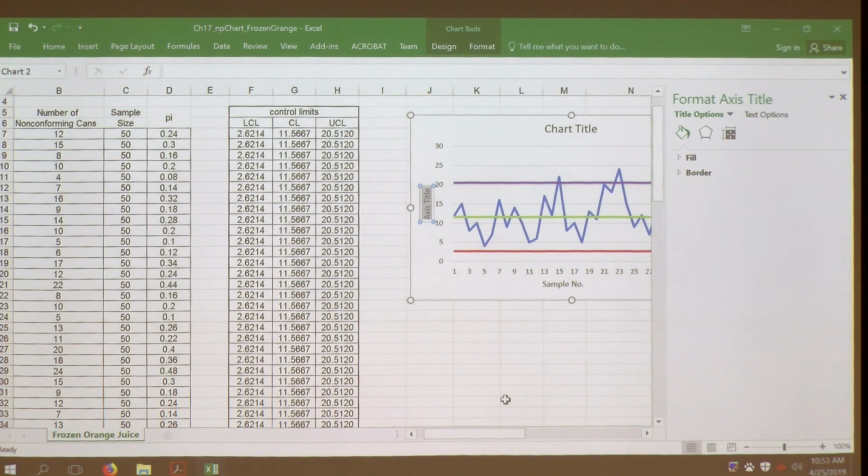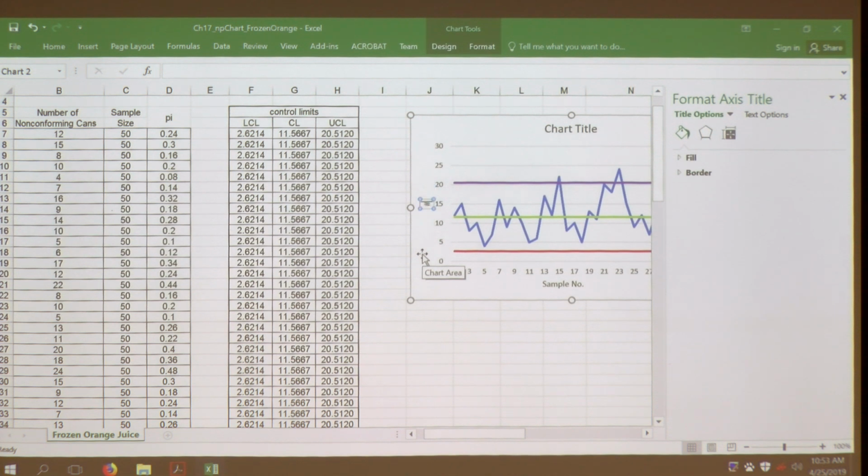Christine? Like your limits, your values? Yeah, and in the y-axis we have the limits and also we have the data. But what we are focusing on is actually the data, right? We're trying to monitor the data. Then the y-axis will be very good. Number of cans. Number of non-conforming cans. Excellent.